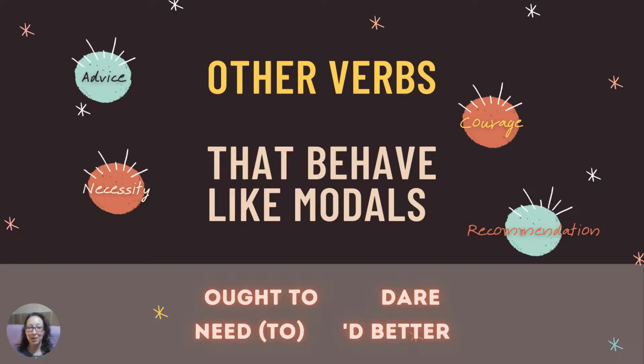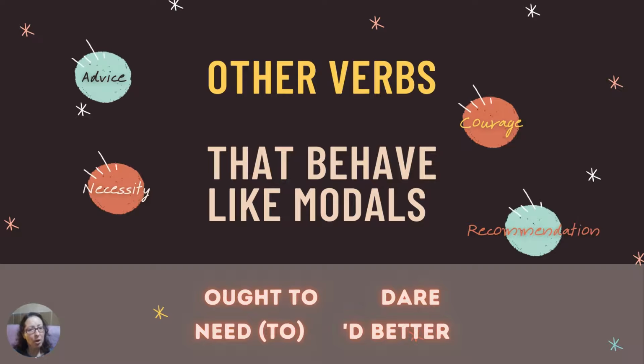So need will be a little bit hybrid between the modal and the full verb. And of course, sometimes when it's the negative, we will say you needn't worry, but you need to worry. I dare not speak. I dare say. I have the courage to say.